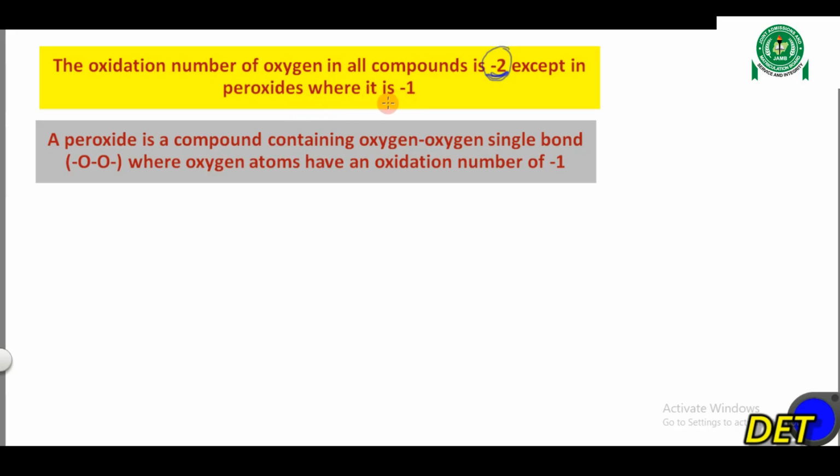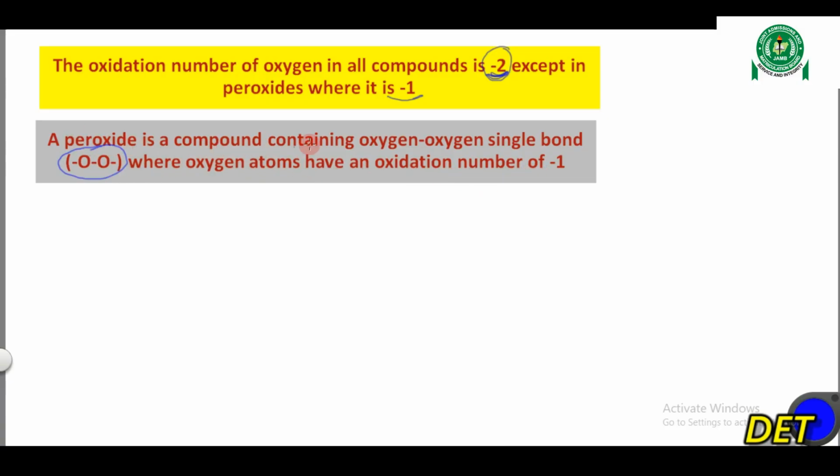So in peroxides, the oxidation number of oxygen is -1. So what is a peroxide?